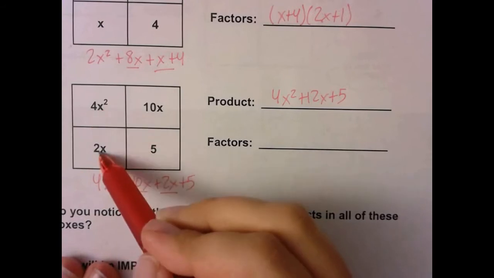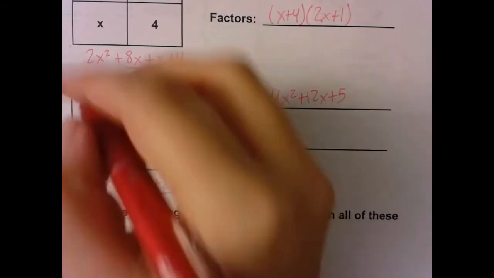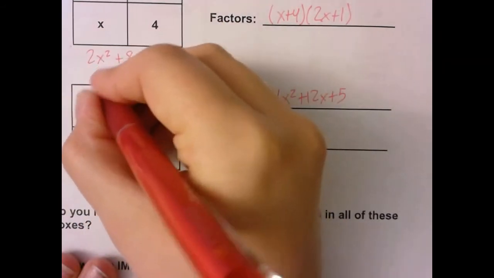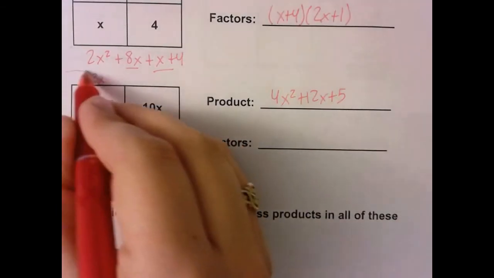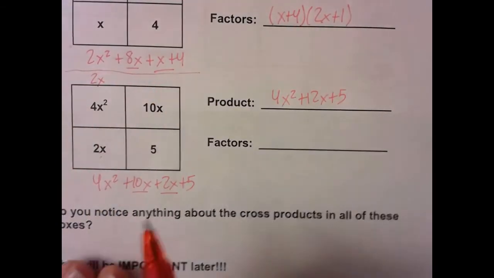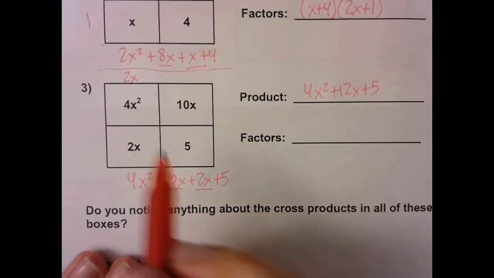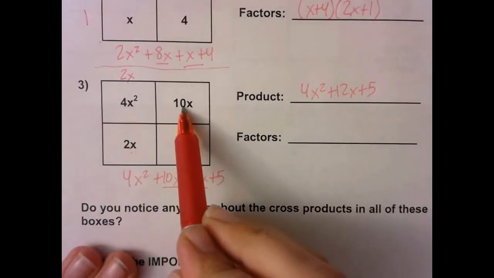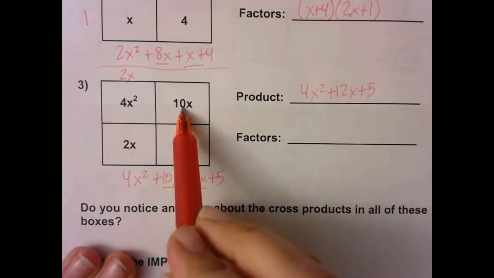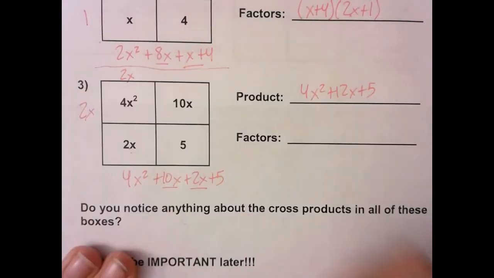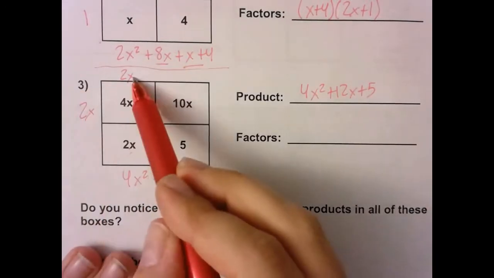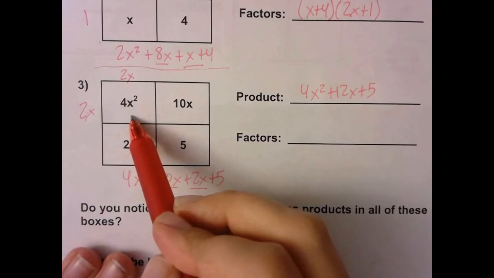Well, they both can be divided by 2x. I'm going to draw a little line so we can see that that's separate. Okay, what do 4x squared and 10x have in common? They also have 2x. Let's see, 2x times 2x? Yeah, that would give us 4x squared.